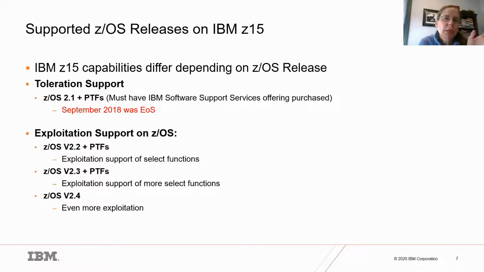So if you're running your latest release of z/OS on the z15, you will have the full range of all of the exploitation items you can use. And then if you go back to 2.3, you'll have most of them. 2.2, you'll have a lot less. And then 2.1, all you pretty much can do is have toleration support for it. So set your expectations accordingly.